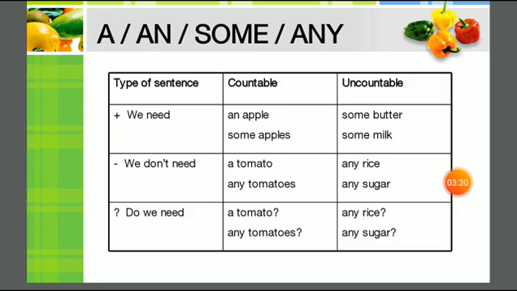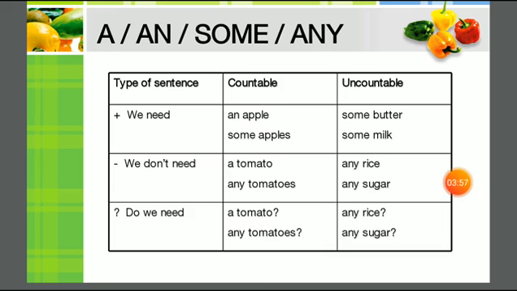An apple is countable. We need some butter. Some butter is uncountable. We need some apples. Some apples are countable. We need some milk. Milk is uncountable.